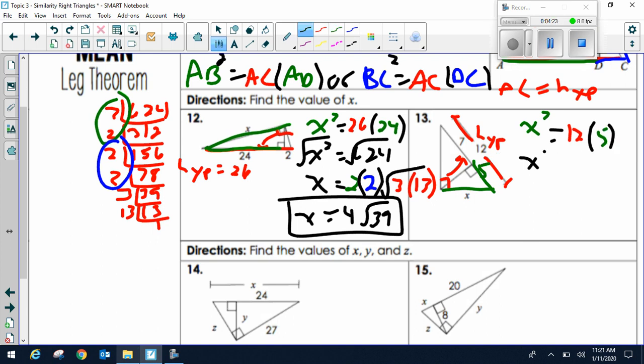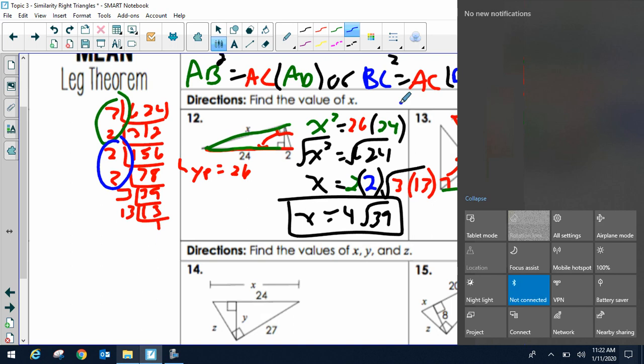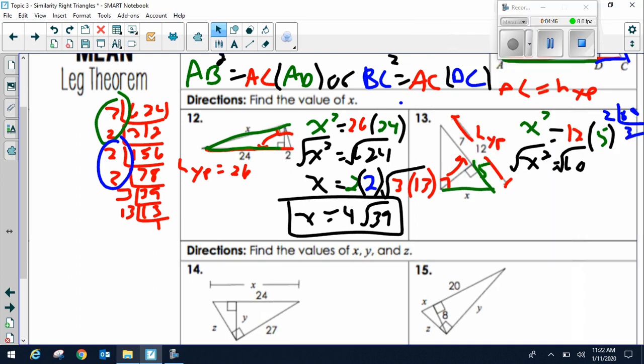Okay, so when I multiply them together, I get x squared is equal to 60, and take the square root, and just like we did yesterday, we're going to have to birthday cake it, so 60 divided by 2 gives me 30. Okay, divide that by 2, 30.